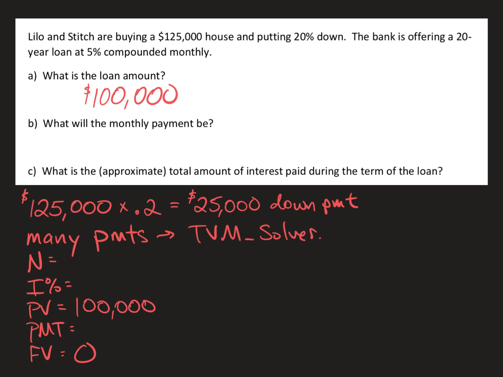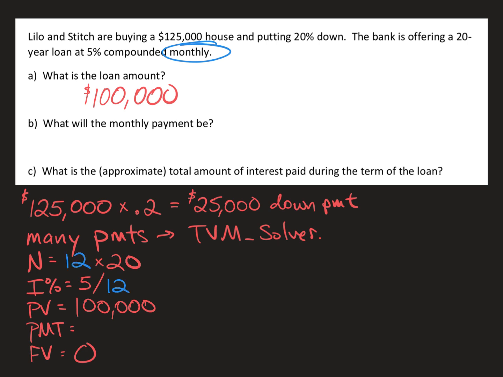The I% is the interest rate divided by little n, and capital N is the little n times the number of years. Now we just have to figure out what is the little n, and you can find it here, how often they're making payments or how often the interest is compounded. They will match up. So this will be 12 and 12.